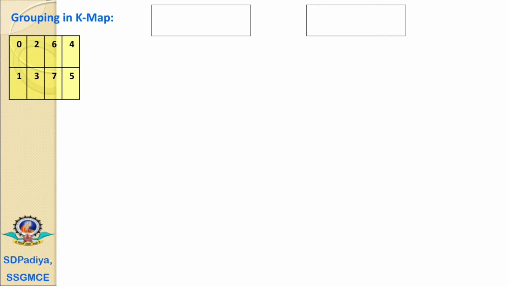Now, we'll start to solve the problem statements. The first is, suppose the function is given as the sum of minterms 2, 6. The minterm means a product, and the sum of minterms means it is a sum of products. The values are given as 2 comma 6.